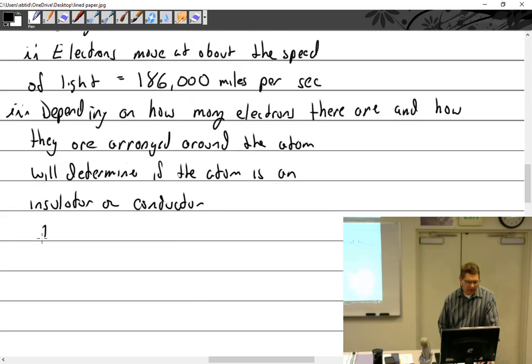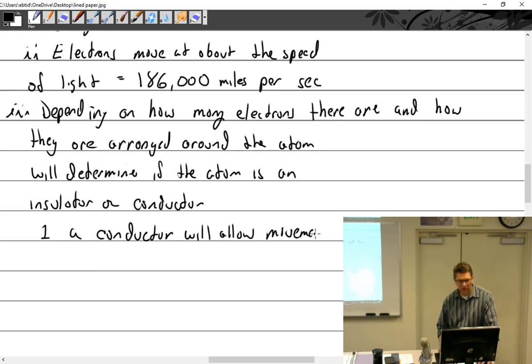So a conductor will allow movement of electrons. And an insulator will prohibit the flow of electrons.